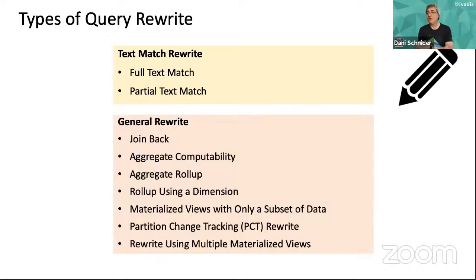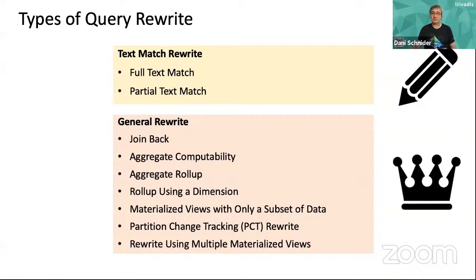What we will look at here is the so-called general rewrite, or in the Oracle documentation, Oracle writes about advanced query rewrite. These are several features that were introduced in multiple versions of Oracle, starting from Oracle 8i till 19c. And some of these features I will show you and show how they work.